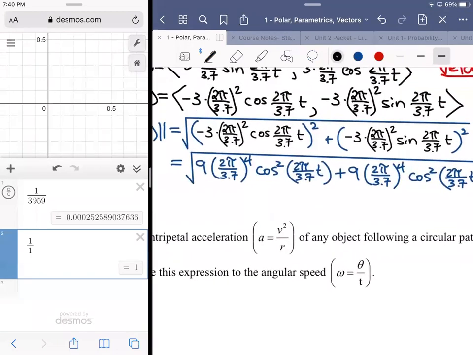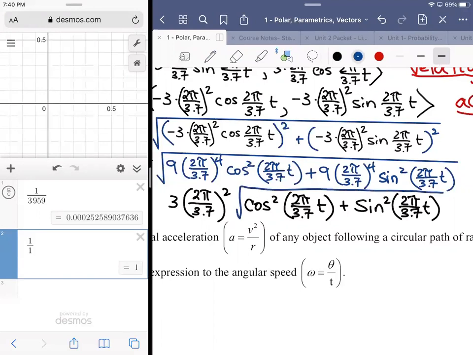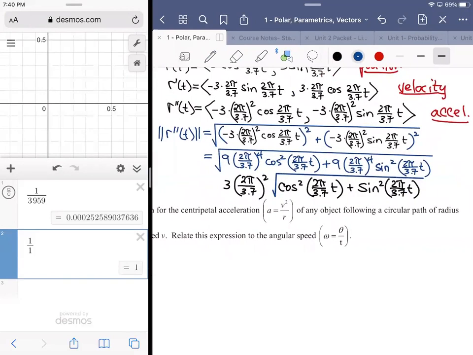So you'd be looking at 3 times 2 pi over 3.7, that quantity squared, and that whole thing would be multiplied by cosine squared 2 pi over 3.7 t plus, I never changed my cosine into a sine, plus sine squared of the same stuff under the radical.